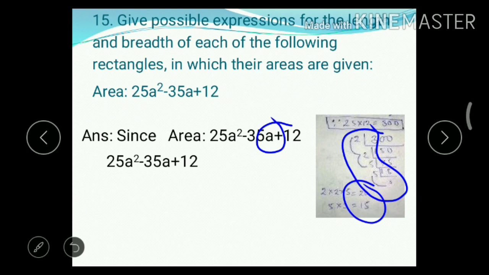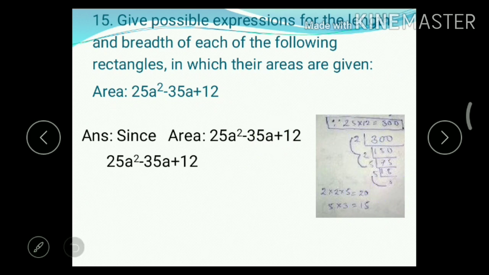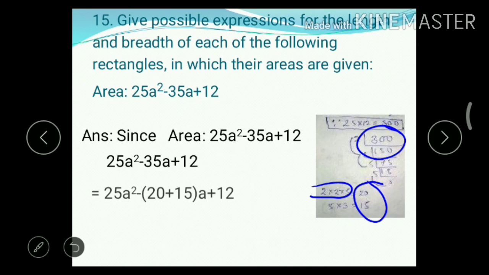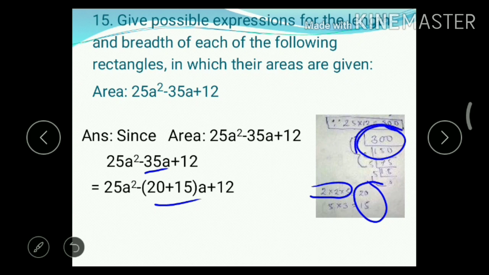So here we have arranged 2 into 5 and 5 into 3. It will give you 20 and 15. So 20 and 15 multiplication will give you 300. It means for 35 we can write 20 plus 15. Understood? From the 300, after doing the short division, we have got these two numbers.